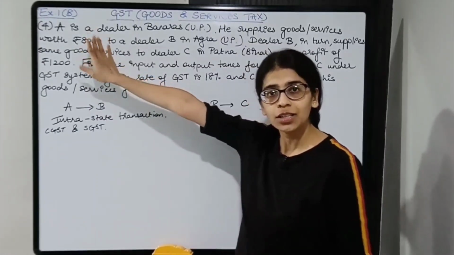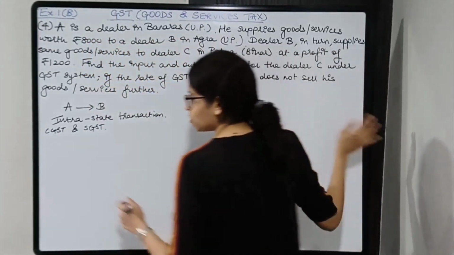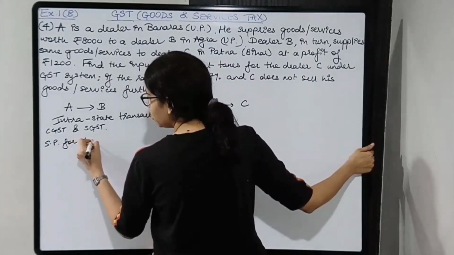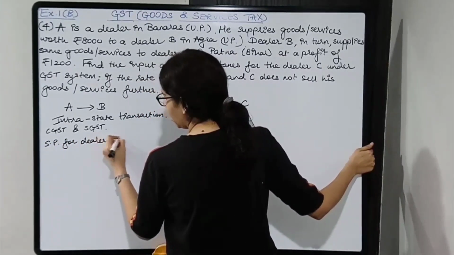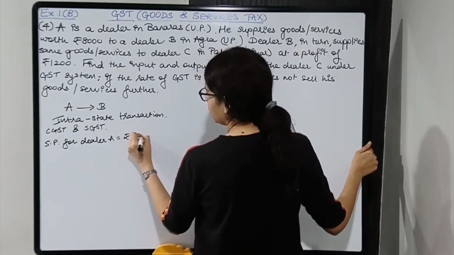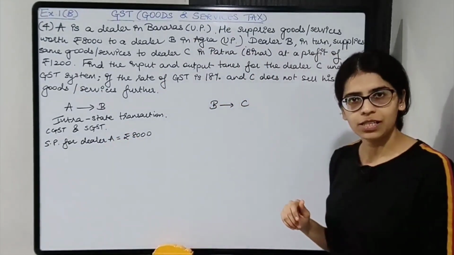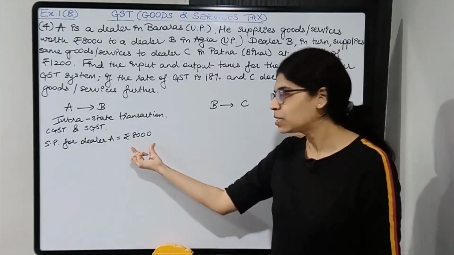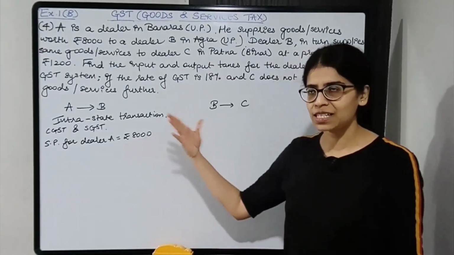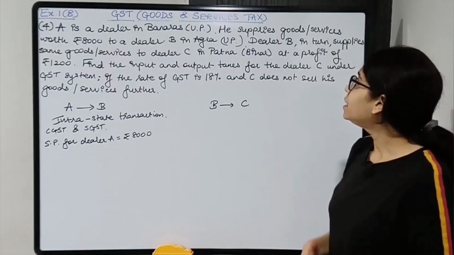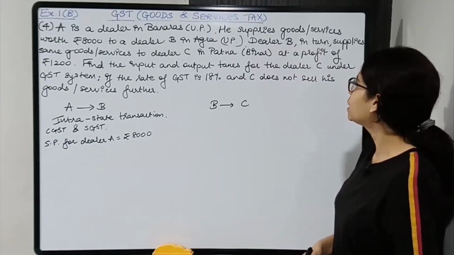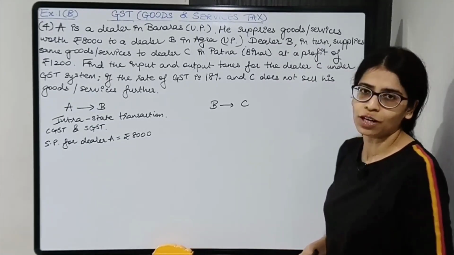So selling price for dealer A is rupees 8,000. GST will be applied on the selling price, of course. So GST is extra. Dealer B in turn supplies same goods and services to dealer C in Patna in Bihar at a profit of rupees 1,200.